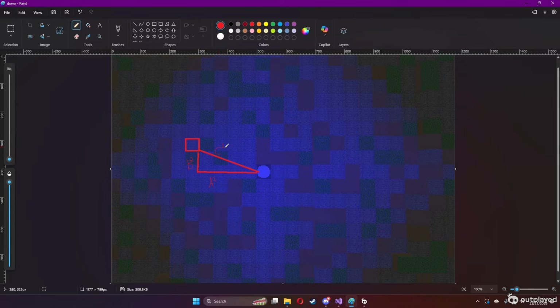So the distance between this source and this block face would be the square root of c squared, which gives you c. The problem with this, however, is that we are doing this calculation for every single block in this lighting area, and taking the square root of a number like this is an expensive calculation.